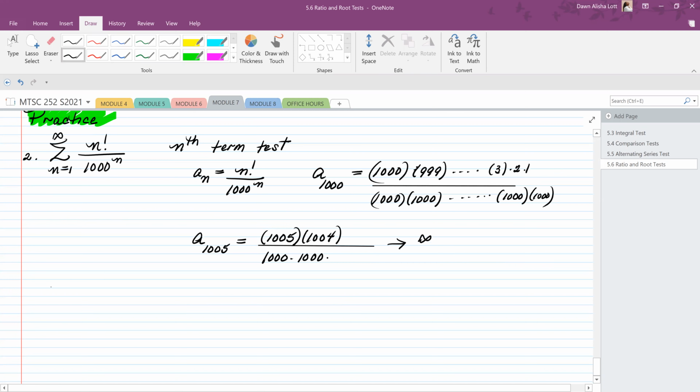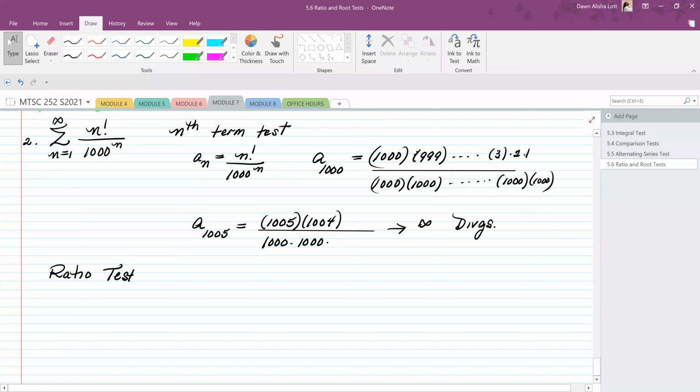Okay, but if we use the ratio test, we're going to let a n... Yeah, I was going to say, why does it always stay 1,000 on the bottom? Because the bottom is 1,000 to the n. So if I had the 1 millionth term, in the numerator I have numbers like 100,000, 999,999.